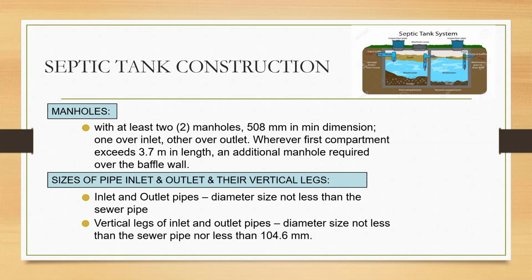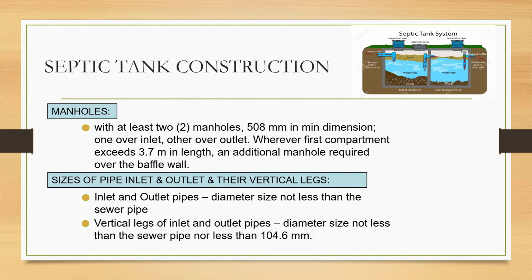So 500, 525, 550, 570, etc. So in my experience, I used a 600 mm dimension for the manhole. Now, wherever the first compartment exceeds 3.7 meters in length, pagka sumobra po ron, yung ating unang chamber sa 3.7, magdadagdag po tayo ng additional manhole.